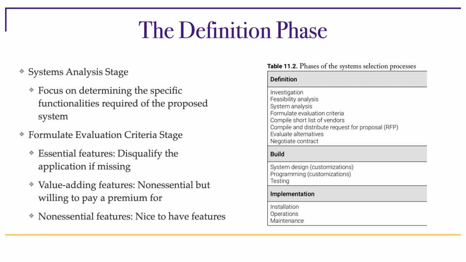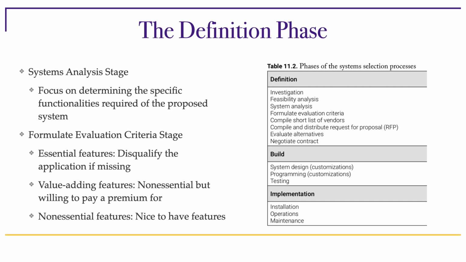evaluated, so we have to formulate some specific evaluation criteria. And typically, an organization will identify essential features, things that we must have to consider a software. So we look at a software from a vendor through a request for proposal, and if it doesn't have even one of the essential features, then we cannot consider it.